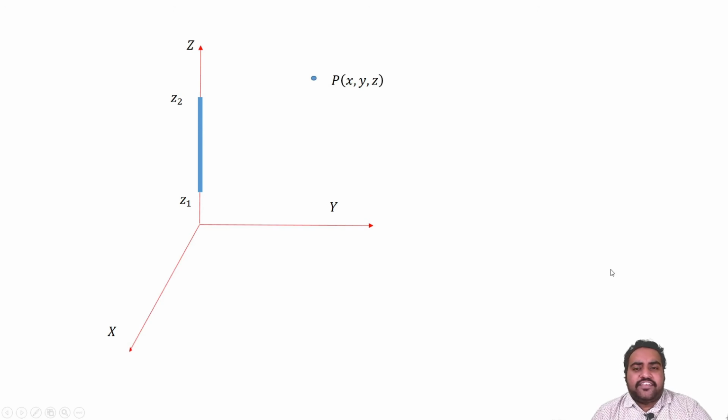This is a point x, y, z. This is the test point. Right? Now, my intention is to determine the electric field intensity here at some point x, y, z because of this charge. Now, let me tell you z2 minus z1 equals L, because L is the length of the wire.